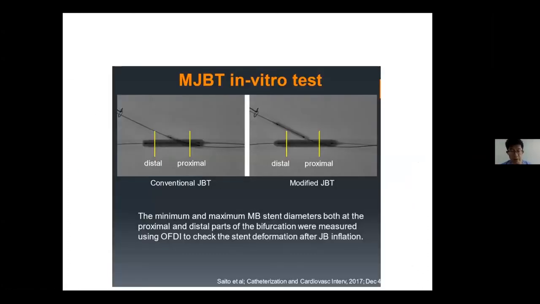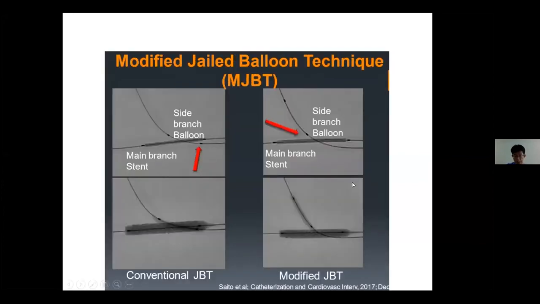And recently, modified Z balloon technique here. Usually, in Z balloon technique the balloon is positioned here, but in modified Z balloon technique it is here, more distal, to avoid main branch stenting disturbance, that is, stent deformation on the proximal side.